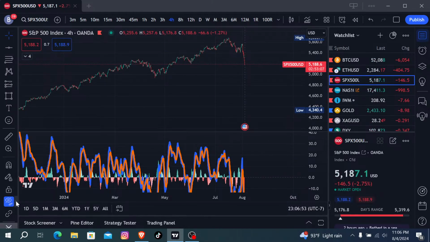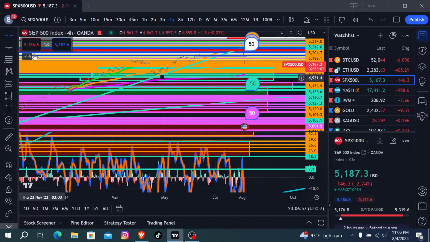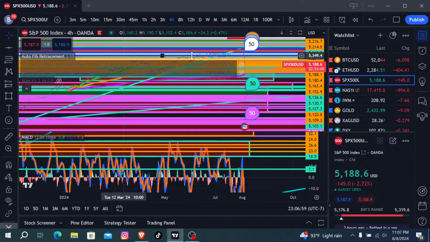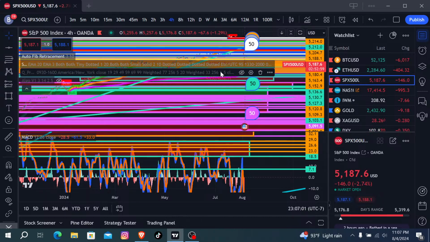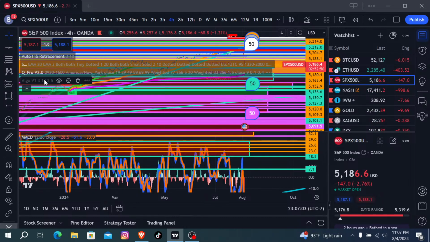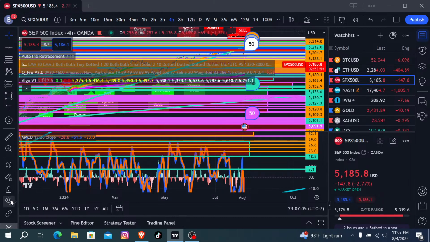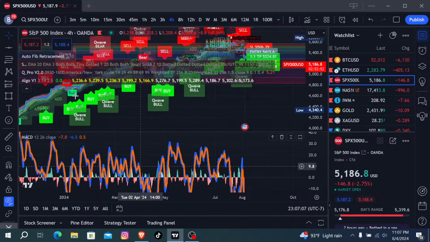So here's the Fibonacci. Oh, it's not on right now. Take drawings off. I'm just going to leave the Fibonacci.